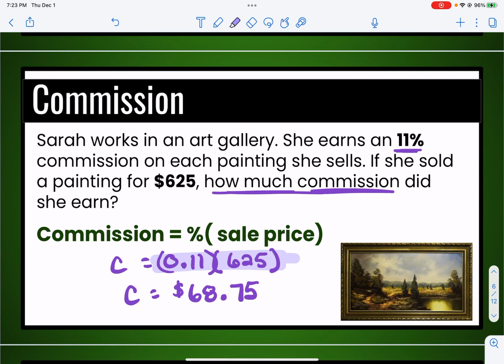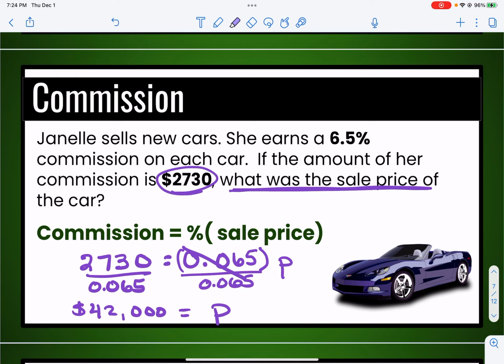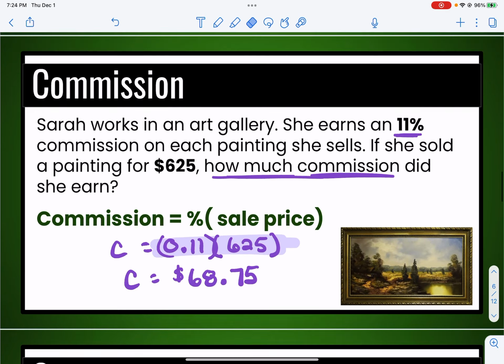In this problem, it was asking me for the sale price. They gave me the commission, but I don't know the sale price. So the 2 numbers that I was given are on opposite sides of the equal sign. So in this one, I'm going to divide. So if I'm looking for the commission, I multiplied. And when I was looking for the sale price, I divided.